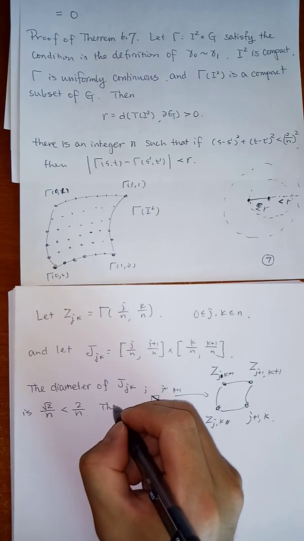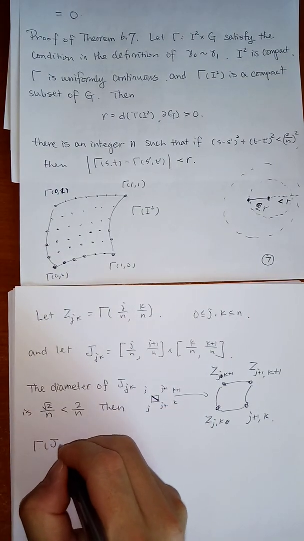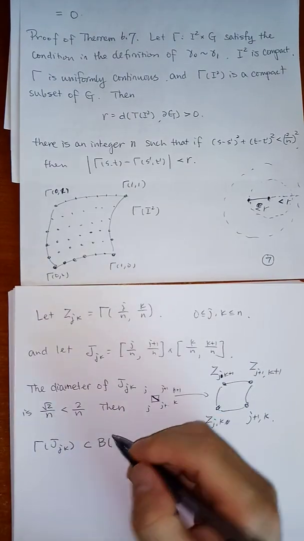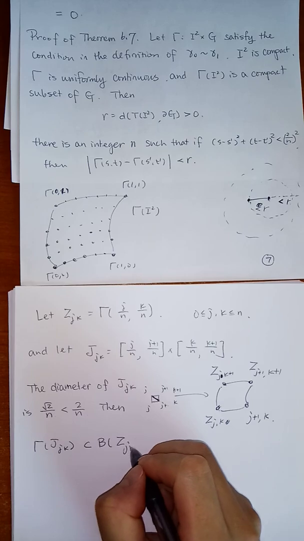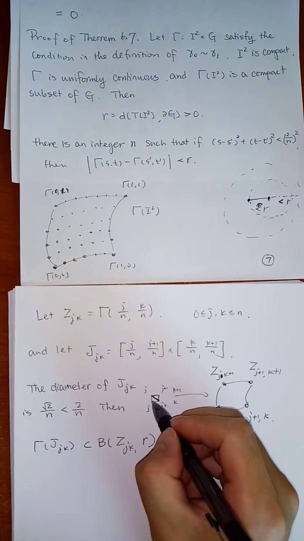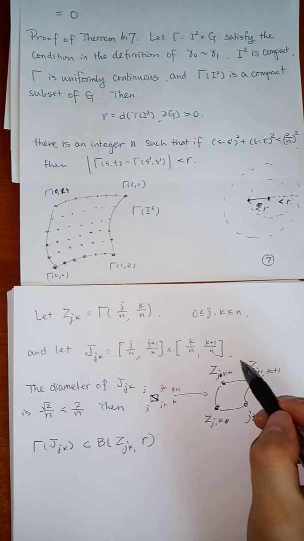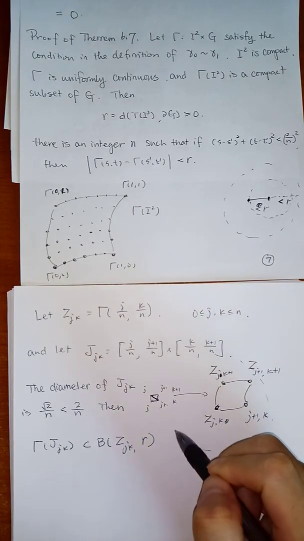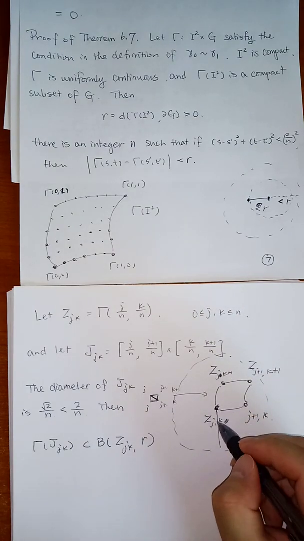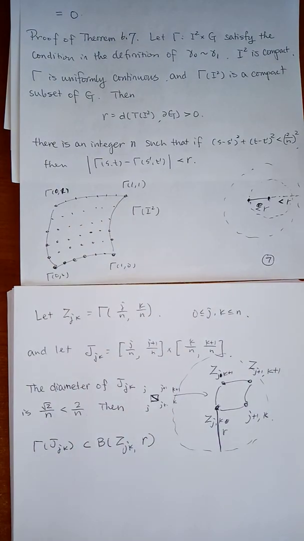Then you have gamma(J_jk) totally inside the open disk centered at z_jk with a radius r. So this is the image, and the radius is r. You use this point as the center, and you have radius r.